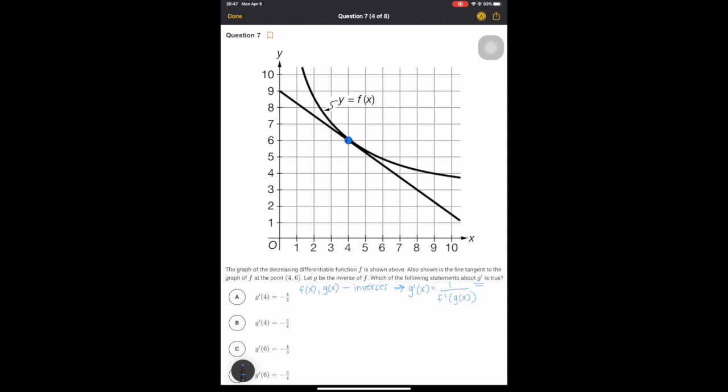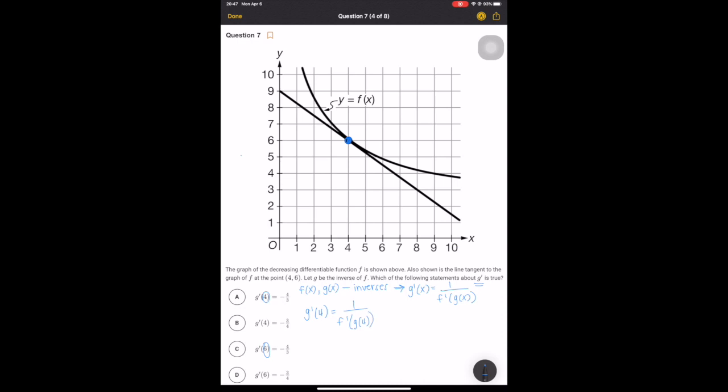Now the tricky part here is finding out what x it is that we want to figure out. Look at these inputs, 4 and 6. Let's see if we have 4. g prime of 4 would equal 1 over f prime of g of 4.